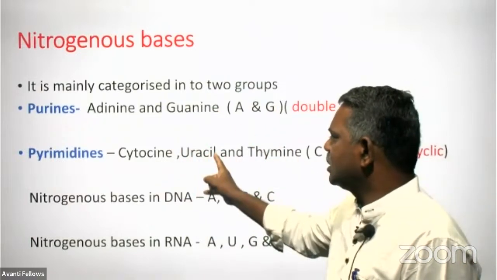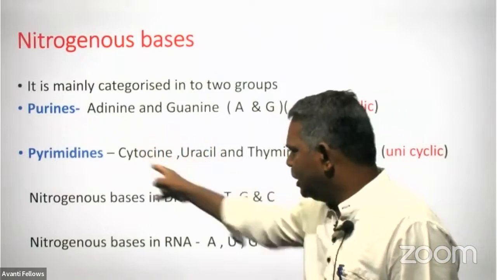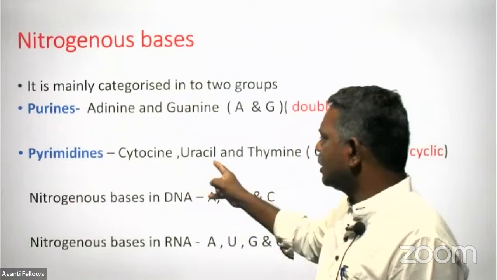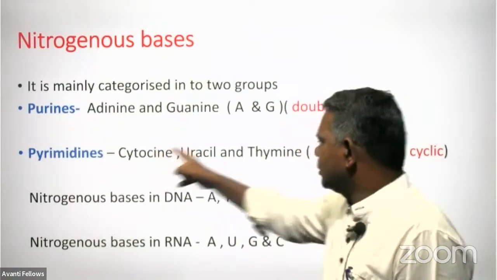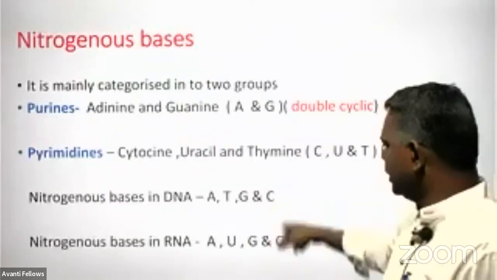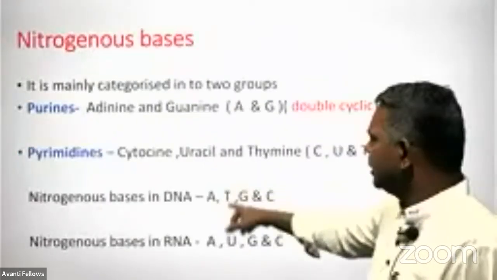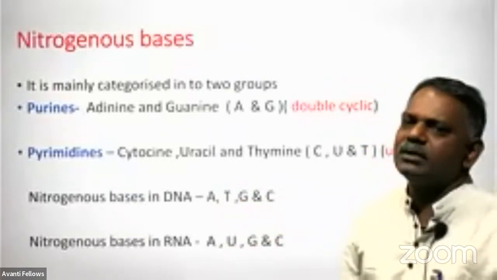Cytosine and uracil are present only in RNA, and cytosine and thymine are present in DNA. As I told you, purine is common, adenine and guanine. Cytosine is also common in what? The DNA and RNA, whereas thymine is present only in the DNA, and in RNA, instead of thymine, uracil is there.